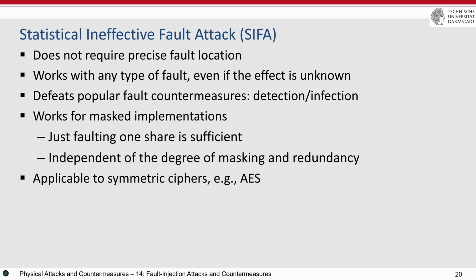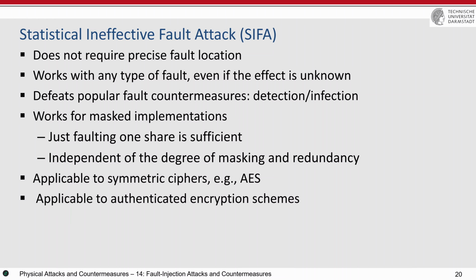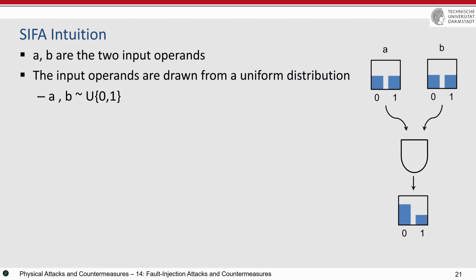It's mainly applicable to symmetric ciphers and also to some authenticated encryption schemes like stream ciphers and also sponge-based schemes, now for the AE or authenticated encryption. But we do not consider that much here. I mean, I show you one example only based on the AES. Before that, we need to agree on this concept together.